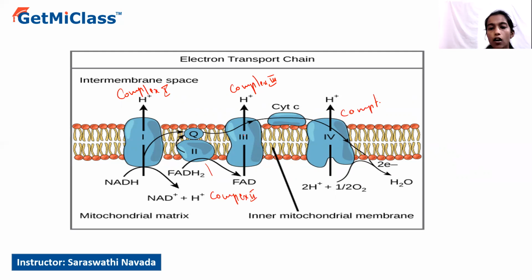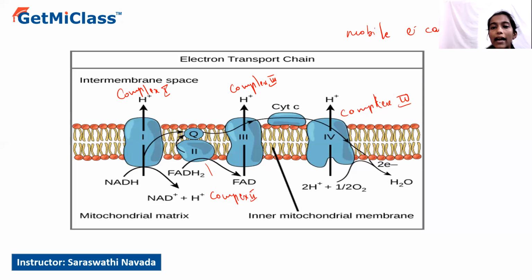In between these complexes, these are the fixed electron carriers, fixed in their position in the inner mitochondrial membrane, and electrons from one complex to another are carried through the mobile electron carriers. There are 2 such mobile electron carriers.